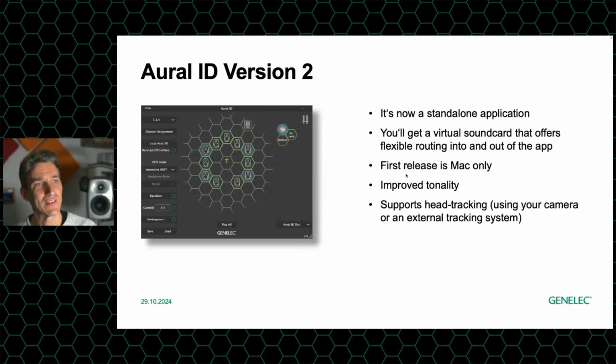And now we also deliver a virtual sound card, which is just called Aural ID Bridge. And you can then flexibly route audio from your DAW or also from Apple Music or whatever you are using to the Aural ID Bridge. And all of these channels will then be processed, and the output will be a binauralized stereo version.